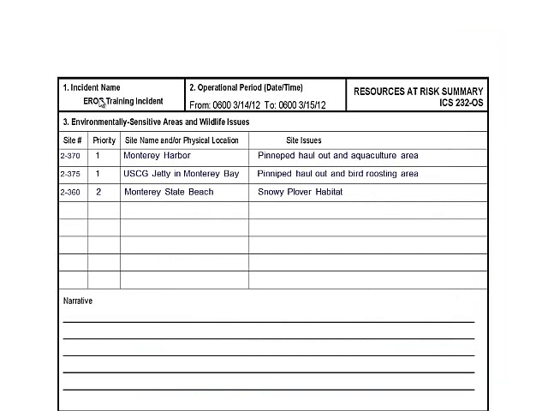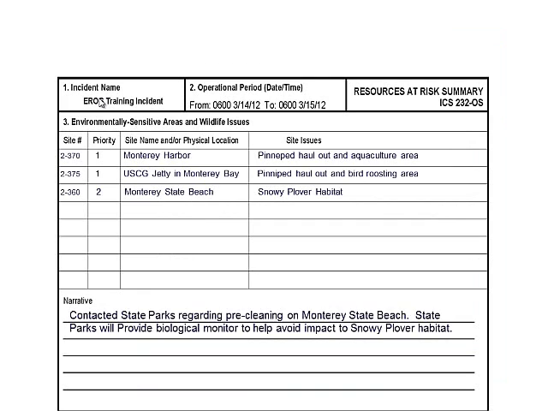So I listed a couple of sites here in Monterey. Monterey Harbor, that would get a priority 1. It's a pinniped haul out and aquaculture area. The jetty within the harbor would also get priority because it's a haul out and a bird roosting area.